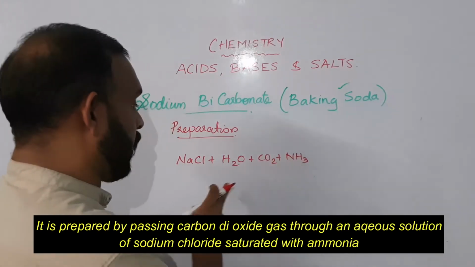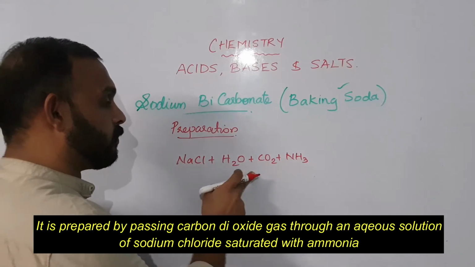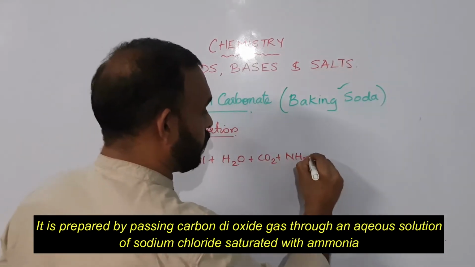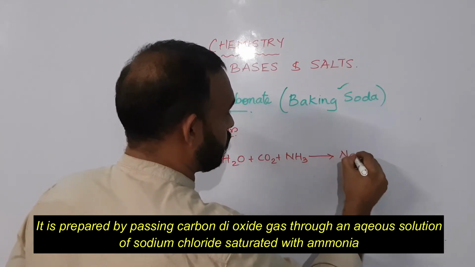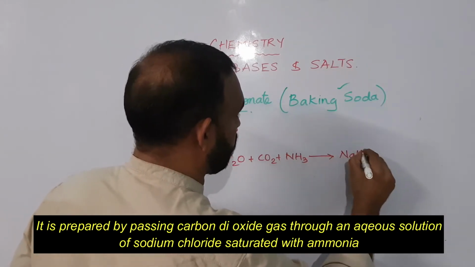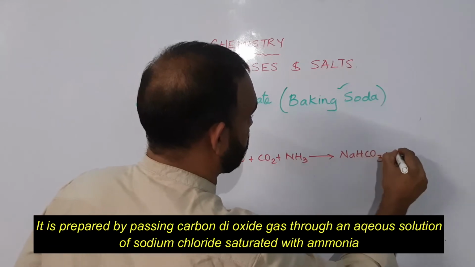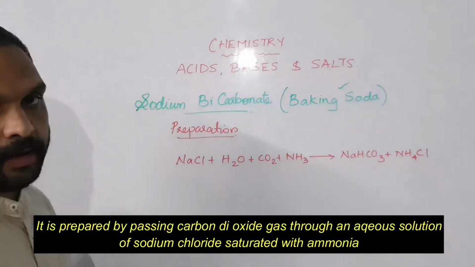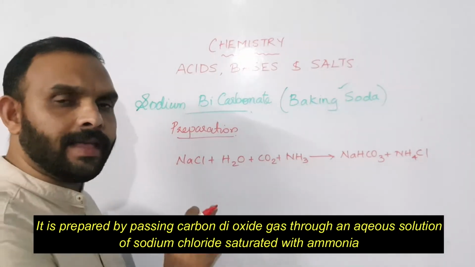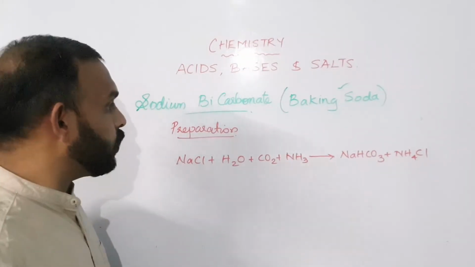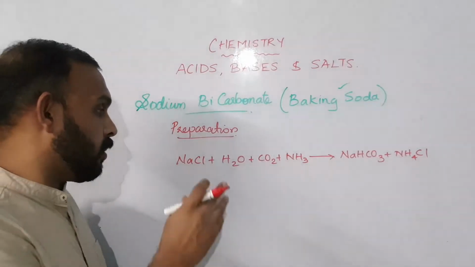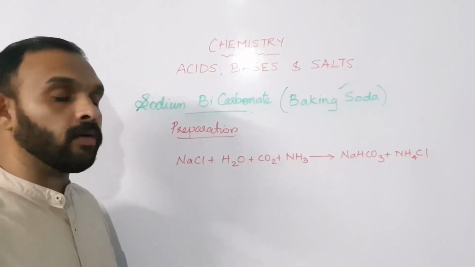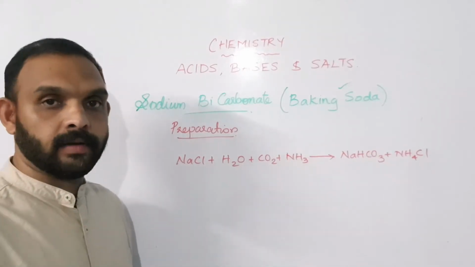The products we get are baking soda NaHCO3 plus ammonium chloride NH4Cl. So this is the easy way to prepare sodium bicarbonate. Clear?